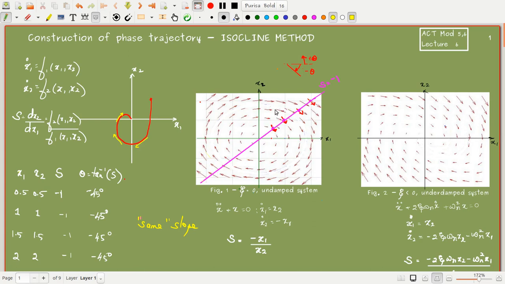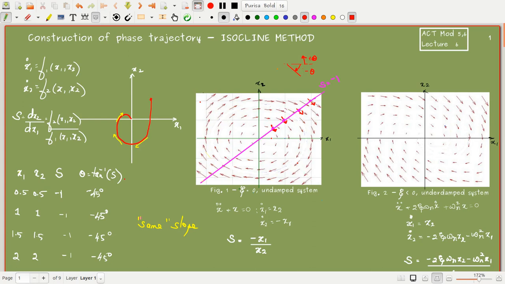If you look closely at this figure, we can see that there are other points also which have the same slope. See, if you look at this point, somewhere here and here, everything has the same slope. So I can join these points also.